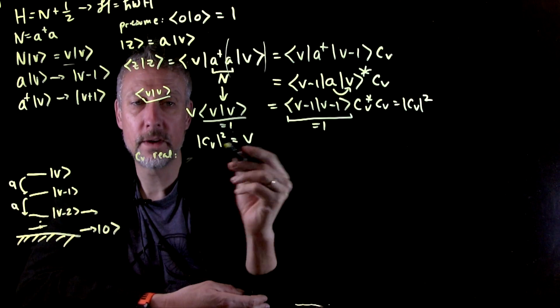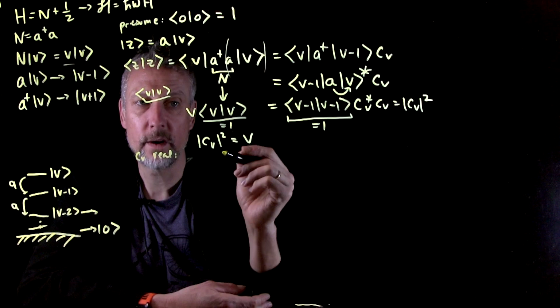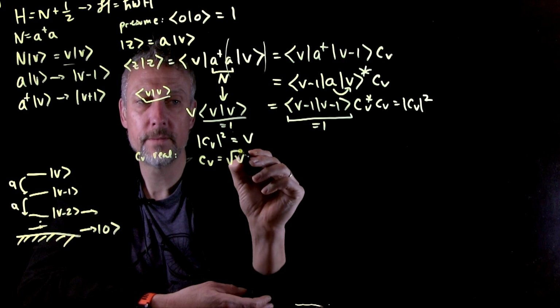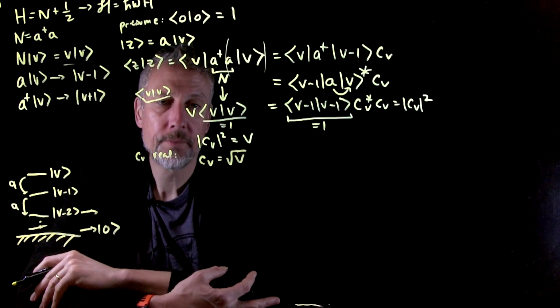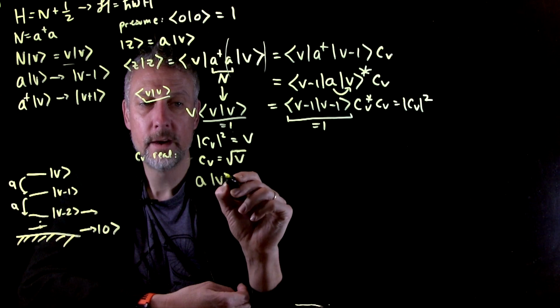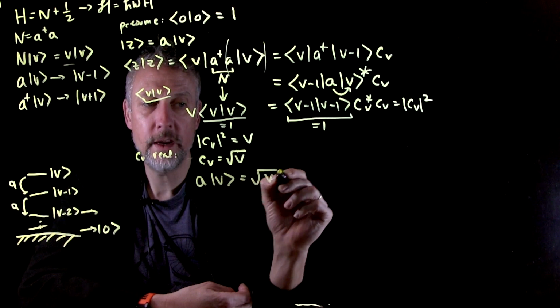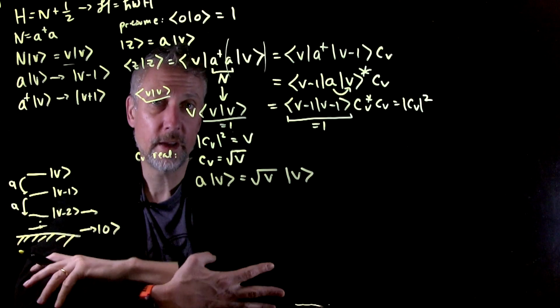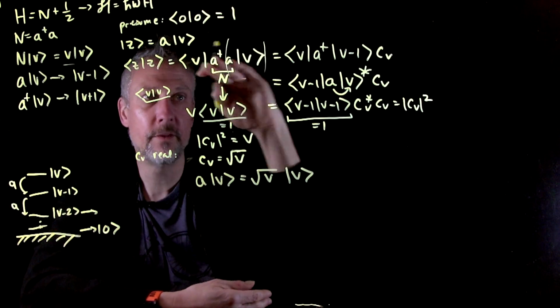If that's the case, then we can just convert this to a normal square. And so then that means that CV is equal to the square root of V. Okay, and so that tells us then that A operating on V will give us the square root of V times V minus 1 again. And this is in your problem set. I said just assume that this is the case, but here we've proved it.